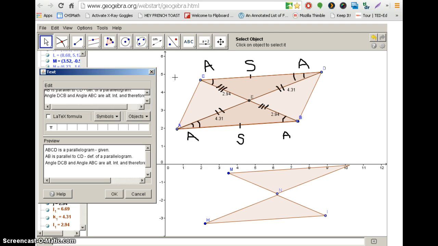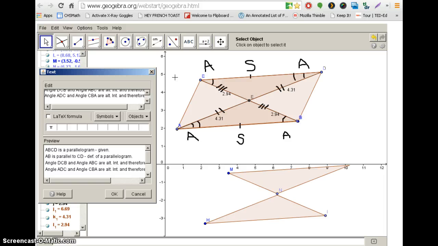Alright, and we'll do the other one. Angle ADC and angle CBA are alt interiors and therefore congruent as well.